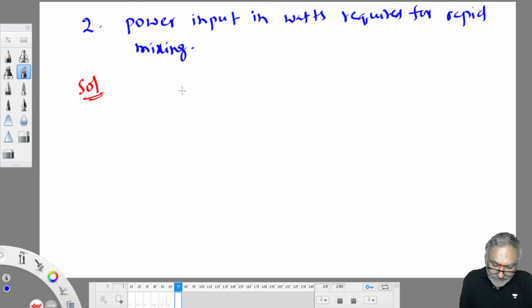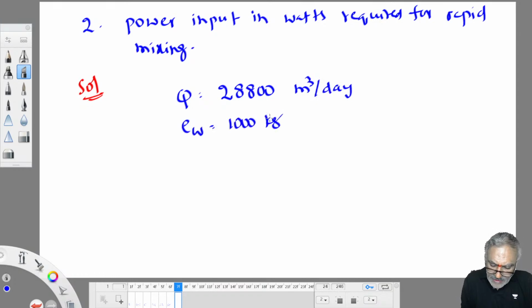So what is given to you? Q is given: 28,800 meter cube per day. Density of water is given as 1000 kilogram per meter cube. Kinematic viscosity is given as 10 power minus 6 meter square per second.